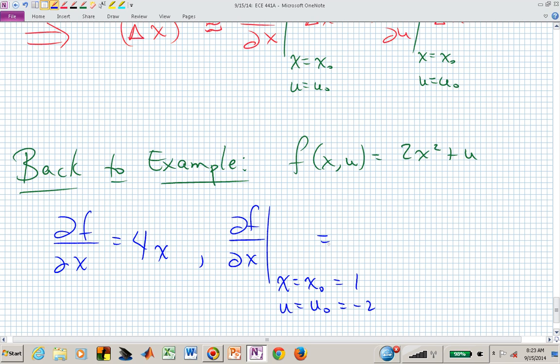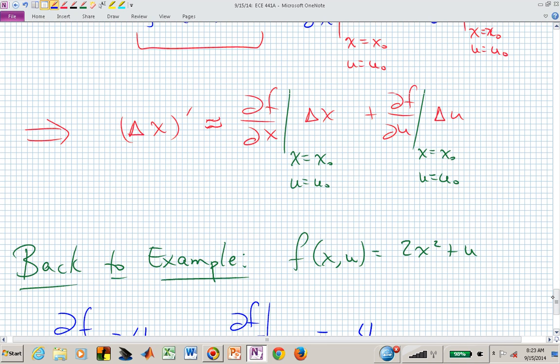So what does partial of f with respect to x at that nominal operating point become equal to? Just our number 4. And that's what we introduce right in here. There's our number. We now have delta x prime is approximately equal to 4 delta x.